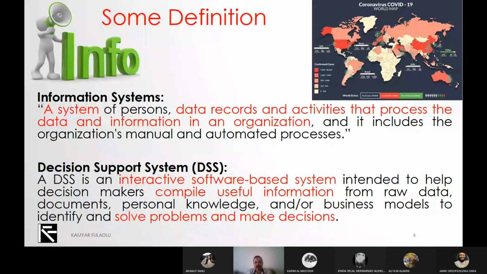Why do we need an information system? Let's give a familiar example from your architectural career. At the beginning of each design course, they will give you some data about the site, about the content of the site, about the program of the design, and you start to analyze.